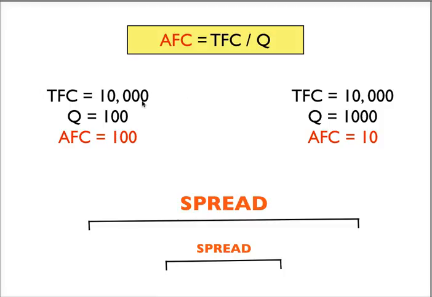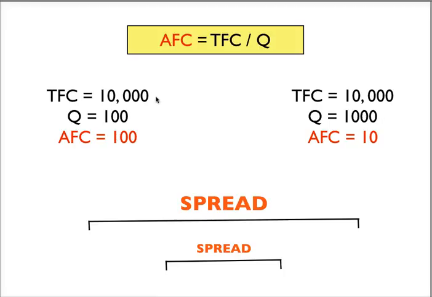As we can see here, if you have the same total fixed cost in both cases, $10,000, but the quantity is lower in this case with 100 and the quantity is higher in this case with 1,000. This case would have a smaller average fixed cost because this number is being divided by a larger number.